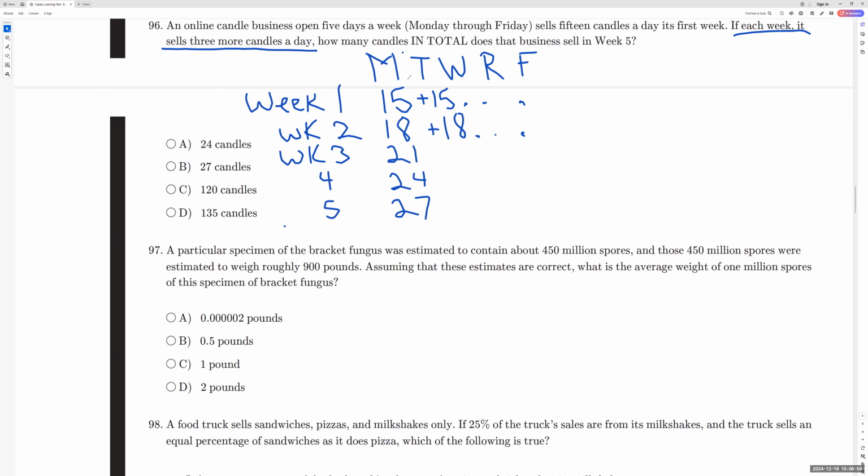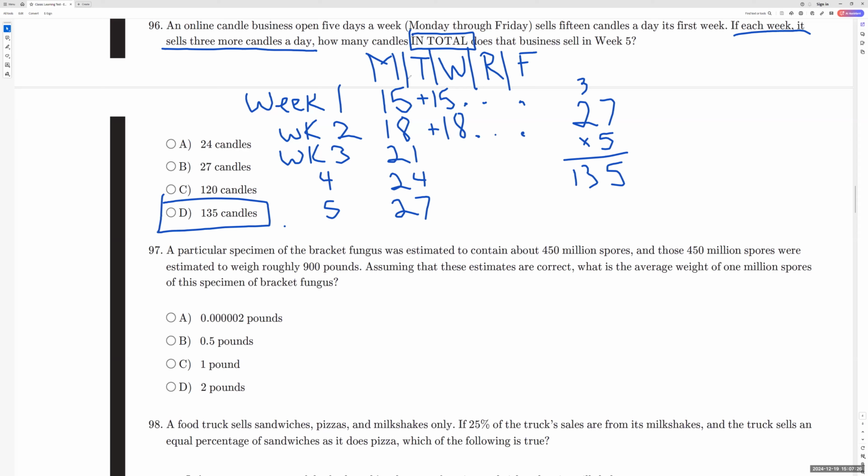We have 5 here, 5 days. So in total, meaning Monday through Friday, so that would be 27 candles a day times 5 days. So 27 times 5, 5 times 7 is 35, 3 over, 135, choice D. Okay.